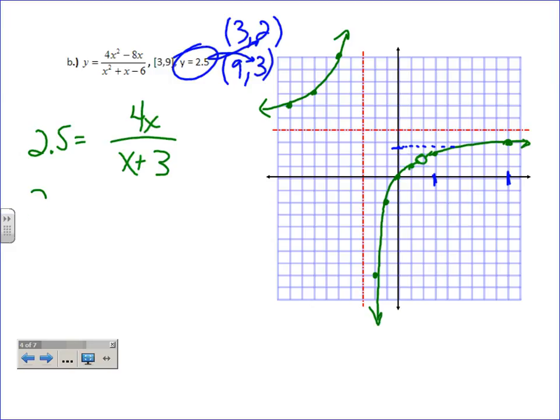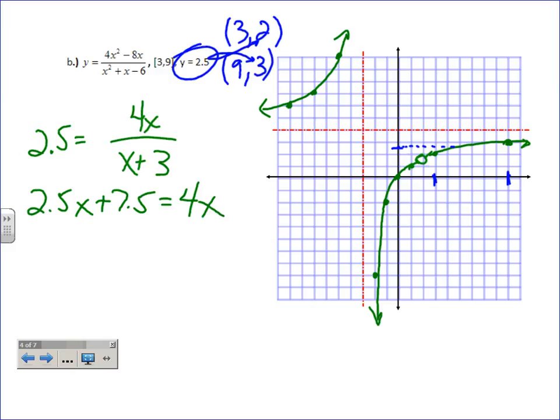Multiply it over. So can I distribute the 2.5 while it's just sitting there? Is that okay? And what is then the 3 times 2.5? If you had $2.50 and 3 people gave you $2.50, you'd get $7.50, right?